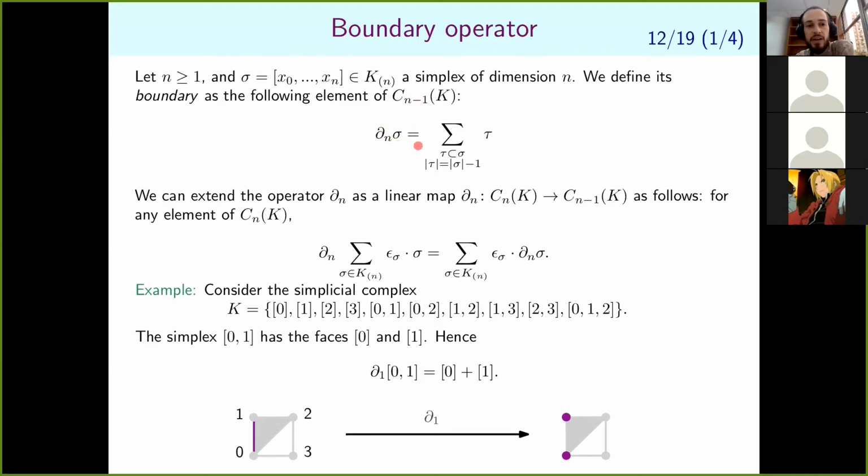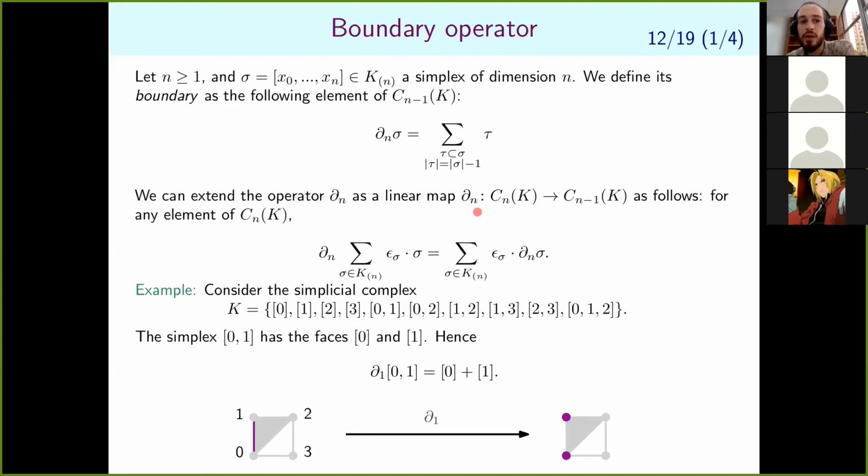So I define here the boundary on the simplices, but this can be extended as a map on the set of chains as follows. If I take any element of the n chains, I define its boundary as the sum of the boundaries of its simplices.